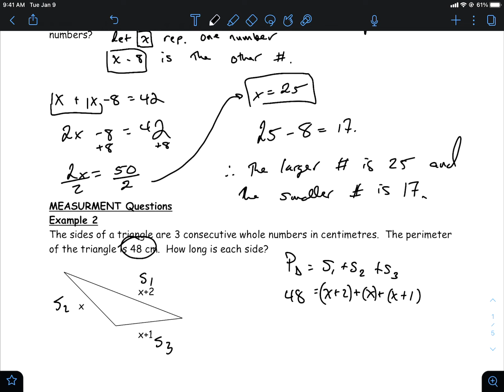There's nothing fancy going on, you don't need to expand anything, so nothing's going to happen if you just magically get rid of the brackets. So now you can do what? Collect the like terms, right? So I see x plus x plus x, that's 3 x's. And then I also see what? 2 and 3. So 3x plus 3. Are we okay with that? All right, all I'm doing is collecting like terms.